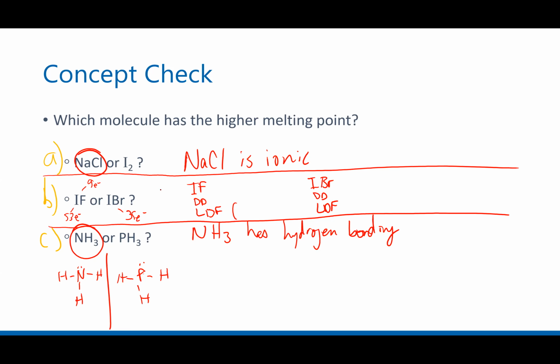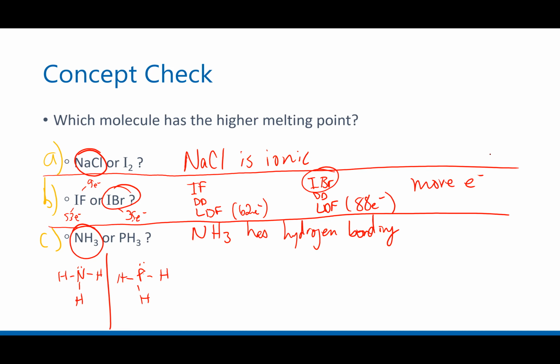So think about it. Both of these have 53 electrons from the iodine, but IF has 62 electrons total. IBr has 53 and 35, 88 electrons total. So IBr wins. IBr has more electrons.